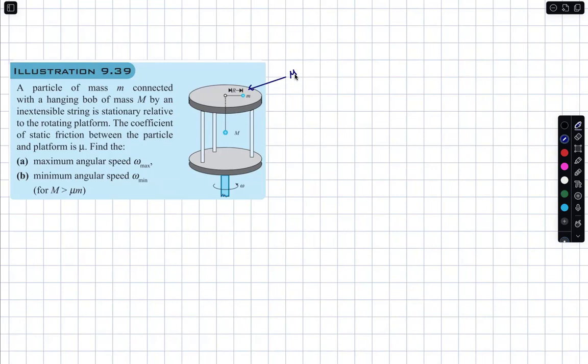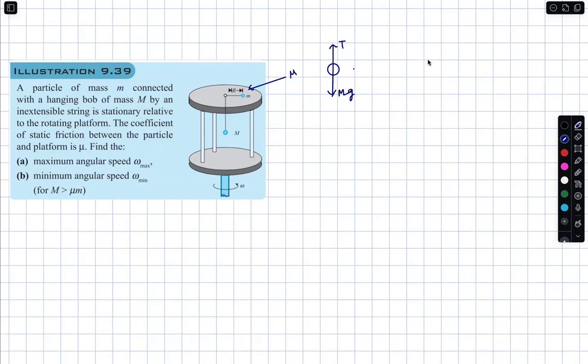Suppose there is no rotation, what will happen? We will see. If there is no rotation, for example, this is a tension T. This is mg.